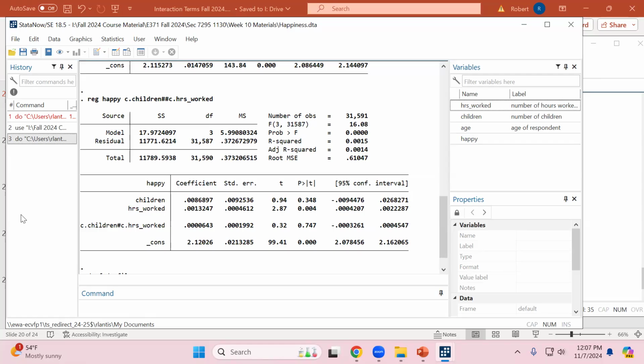So what becomes important when I think about omitted variables for interaction terms is that, well, maybe that beta 3 estimate I see, maybe the interaction term looks like the effect is 0. But in fact, the effect is much larger. It's just that it contains a large bias. So if we have important omitted variables, it can lead us to thinking that there is no interaction between this variable of children and hours worked or hours worked and age, when in fact there is, right?